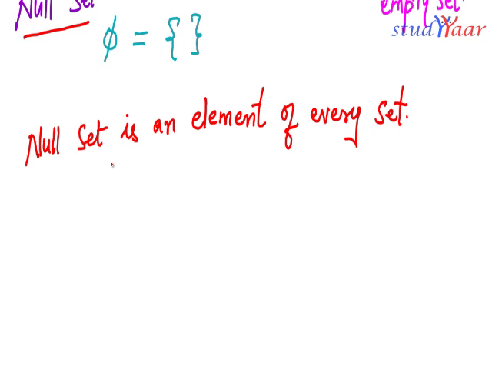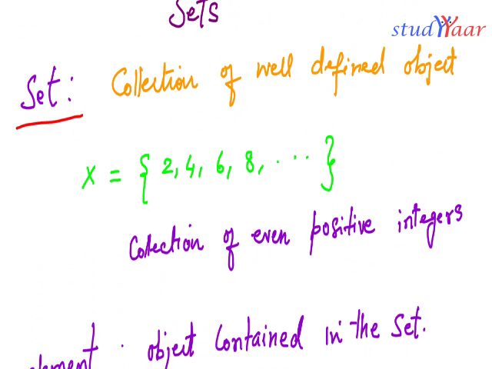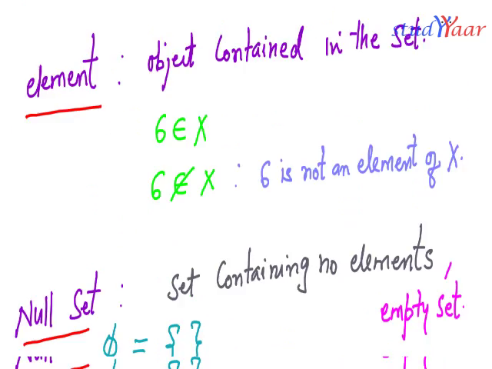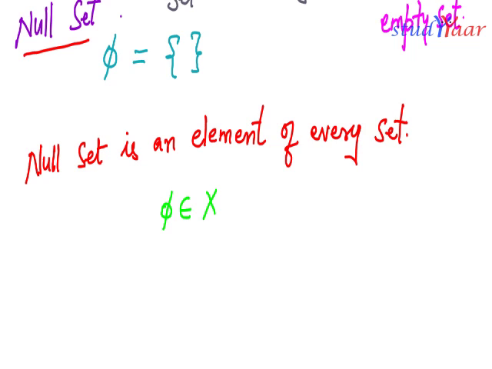Since I say that the null set is an element of every possible set, I can say that phi is an element of X. And what is my X? I have defined it over here. So this is my X. Although I have not written phi over here, as a property, I always say that a null set is an element of all possible sets. Okay, so that was about the null set.